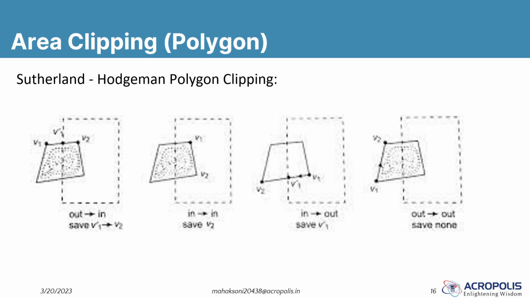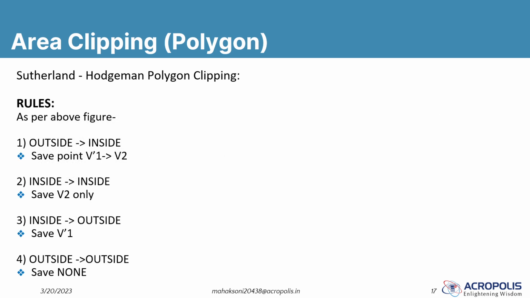By looking at all these things, we get that we are considering the parts which are inside the window only, and we are removing the parts which lie outside the window. This is basically what the Sutherland algorithm specifies. As per what we have discussed above, this is the shortcut which I have written, and these are the rules for this algorithm.